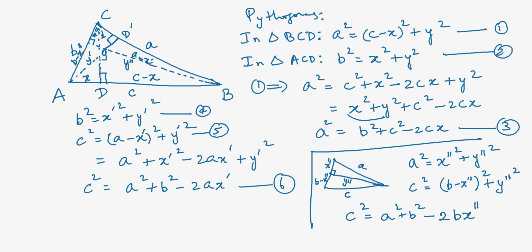Yes, sir. Are you following me, or do you find it getting complicated? I understood till c square is equal to a square plus b square minus 2bx. The equation 1, 2, 3, 4, 5, 6 is okay, right? The last one alone I found a little bit hard, but now I've got it.